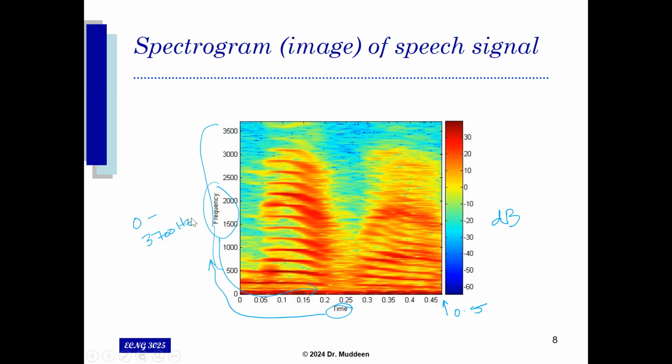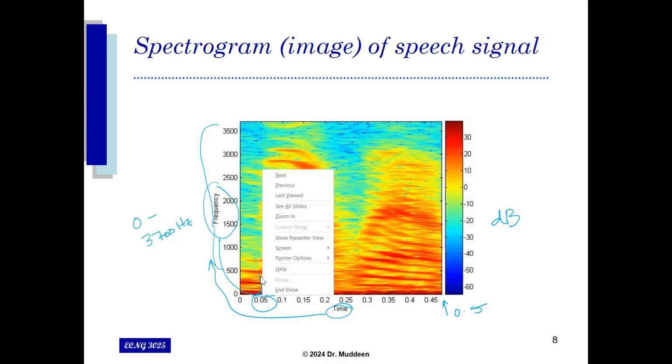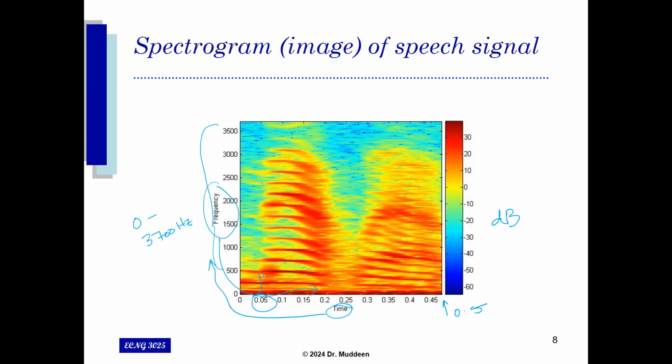Now if you look at this, what this can tell me is that at any particular time, let's say at 0.05 seconds, if I were to look at the image and take a slice up, there's a very distorted line here, but I could see that there are heavy signal components. Remember, dark red is high value.